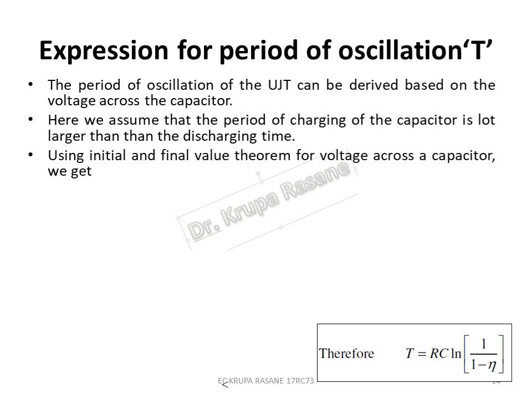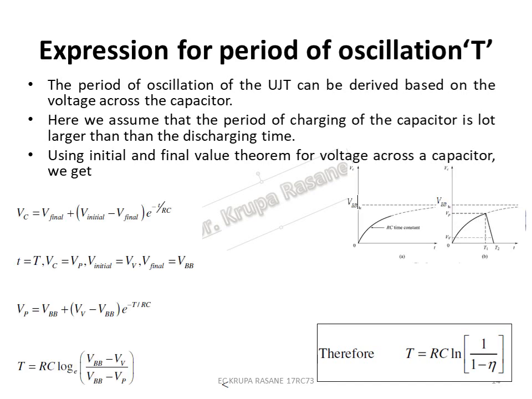Using the initial and final value theorem for voltage across any capacitor, we know that if the capacitor is charging from an initial value to a final value, then VC equals V final plus (V initial minus V final) times e to the power of minus t by RC.